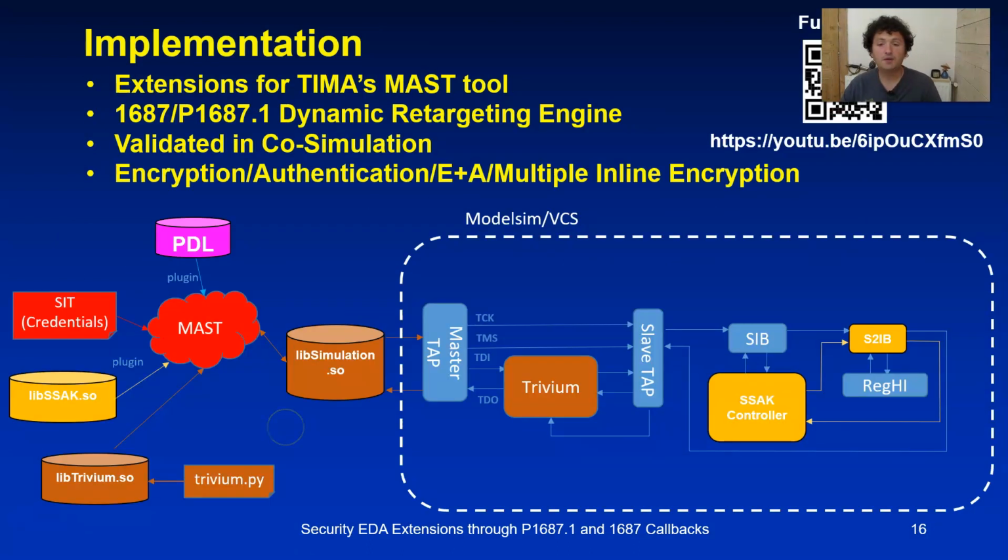To validate our proposal, we took this extension paradigm and implemented it inside our MAST tool, which is a dynamic retargeting engine for both 1687 and P1687.1. And we combined it with some pre-existing solutions for authentication as an SSAK controller and for encryption as a Trivium cipher. This means that we took the SSA controller and expressed its C++ implementation as a plugin for a linker.